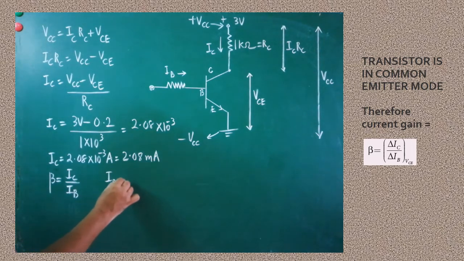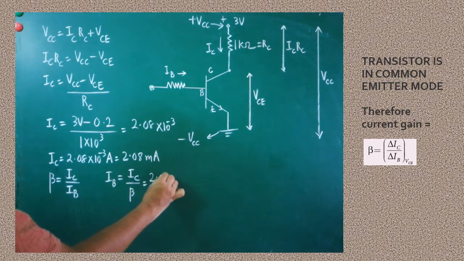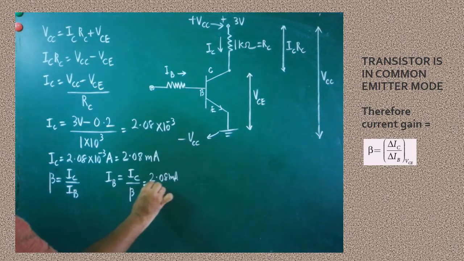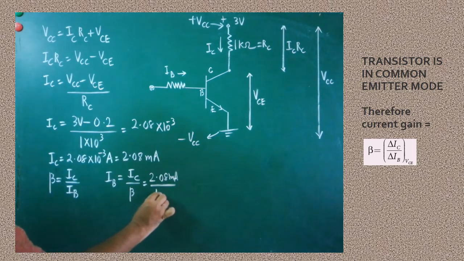IB is equal to, cross multiply this, IC divided by beta. So here IC value is known, 2.8 milliampere divided by the beta value given in the problem. The value of beta is how much? 50. Are you clear? 50 is the value.